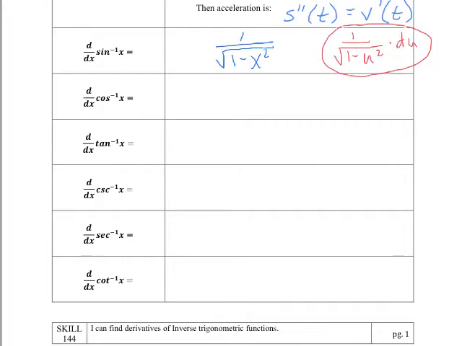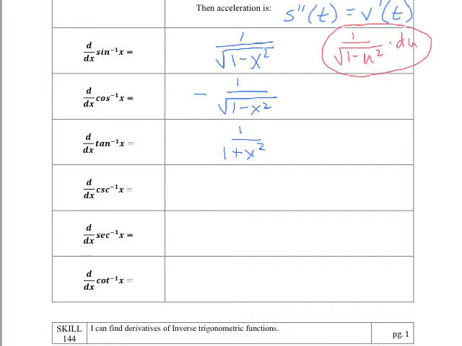So the derivative of cosine, inverse cosine, is the negative of that. So negative 1 over the square root of 1 minus x squared. Tangent, we just have 1 over 1 plus x squared.